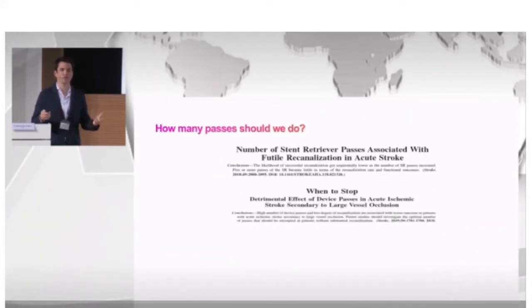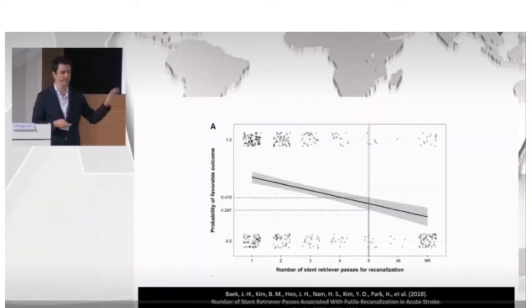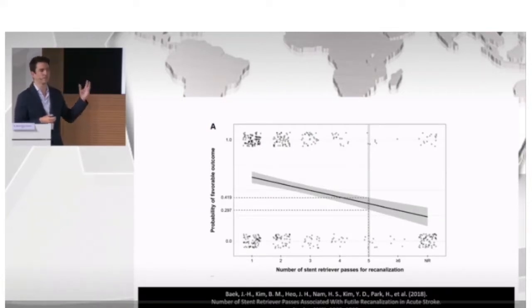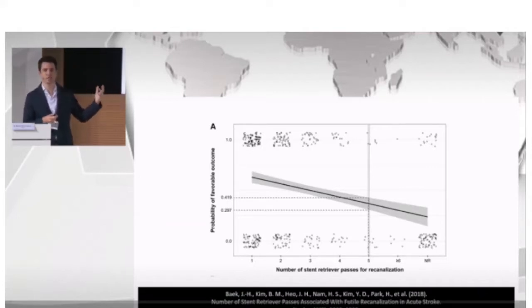So how many passes should we do? Well, there are lots of papers, you all know about them. I think this figure is really interesting, and it describes the probability of a good clinical outcome after each pass. And as you can see, it goes down. In this paper, they discovered that after a 5th pass, the recanalization was futile.